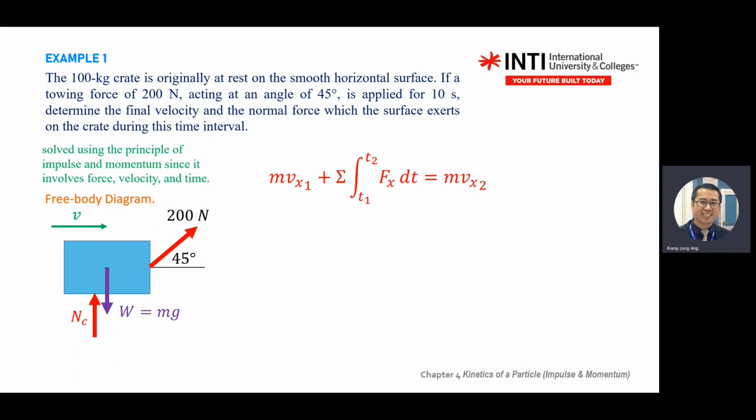All right, on the screen here, I've given you the general equation already. Nico, what is your velocity, mvx1? What is your impulse? M is what? 100, correct. Vx2 you need to find.